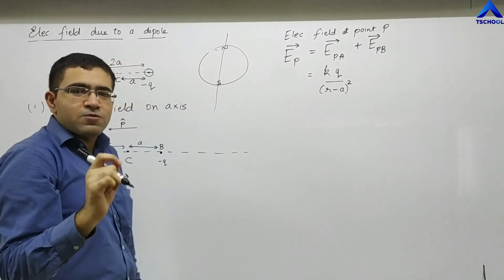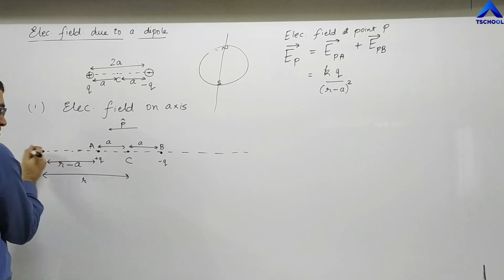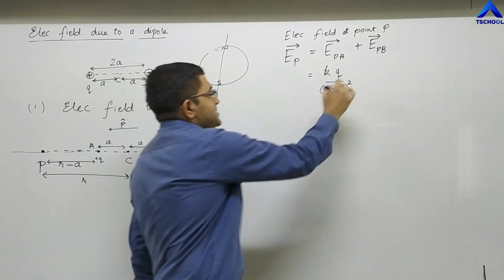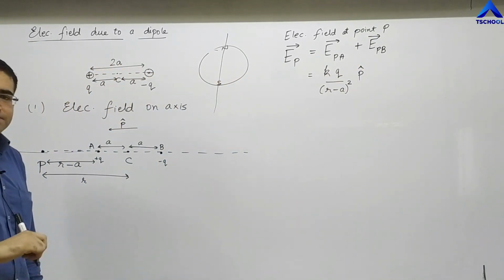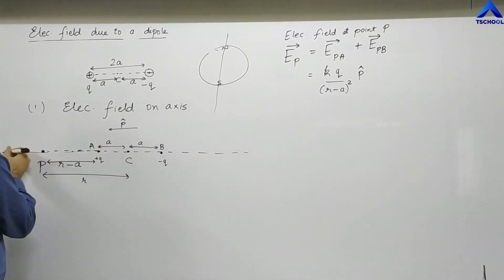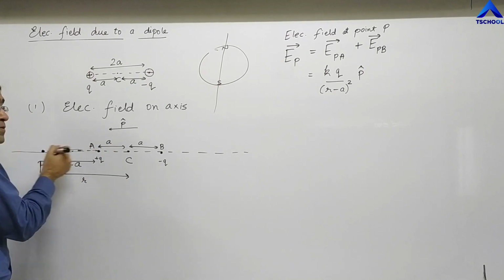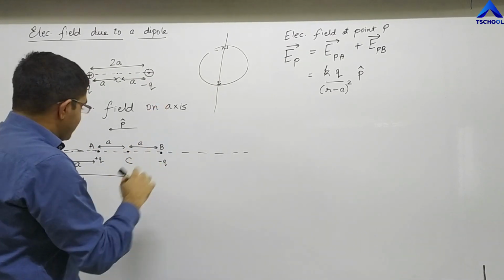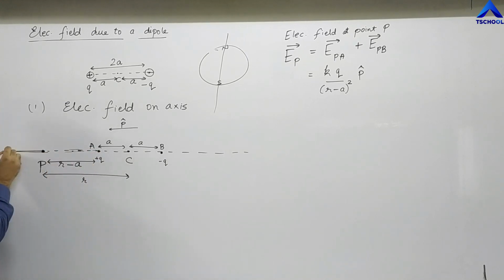And the radial vector going away from the charge in this direction, that is nothing but the same unit vector as p hat. Think about it, going away in this direction. Is that clear? So what we have is that the electric field at this point P due to the charge A is in fact in this direction.